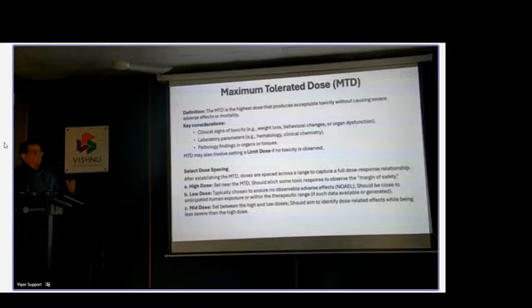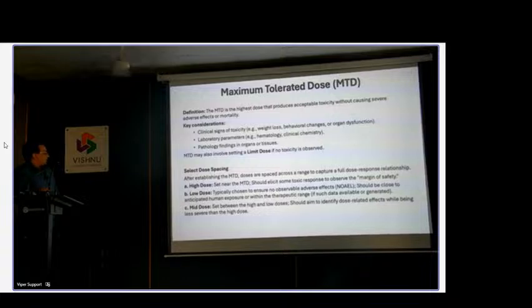All of that together can tell you what the dose is. Sometimes there is a limit dose; plant extracts may not be toxic, so you would end up with the limit dose.